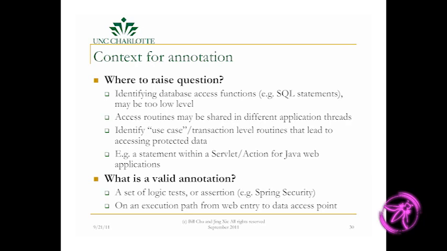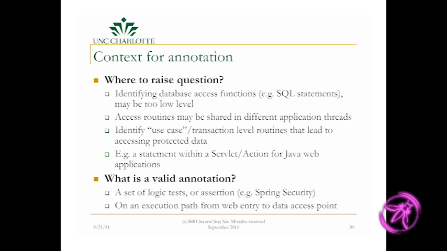The second point is, what is a valid annotation? Theoretically, what this annotation is really about is parts of an invariant, a security invariant. So it's fundamentally a logic test. It's got to be some sort of Boolean test. In a different syntax, for example something like Spring Security, it might be an assertion, but the assertion is really implemented as a logic test anyway.